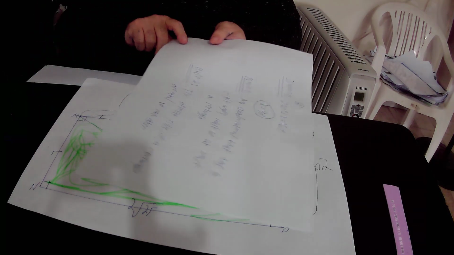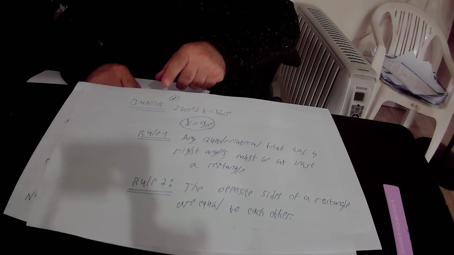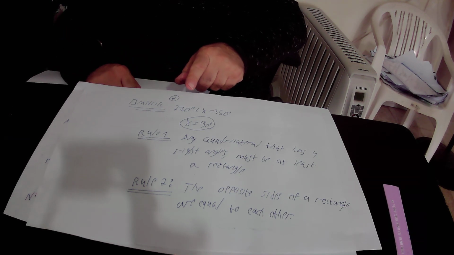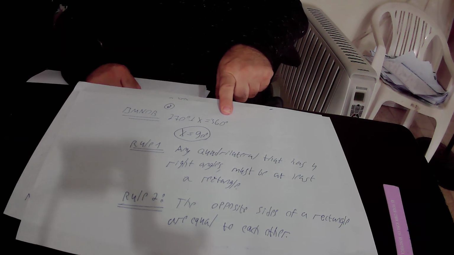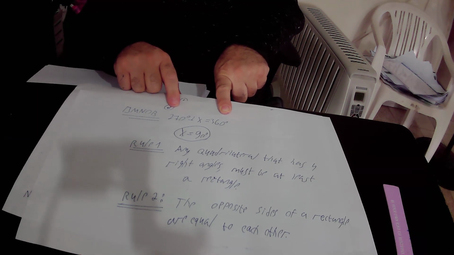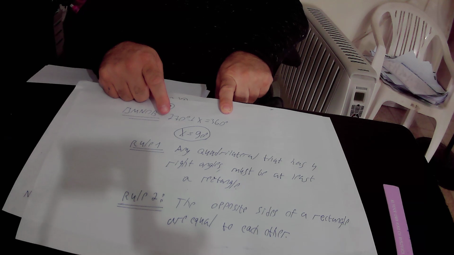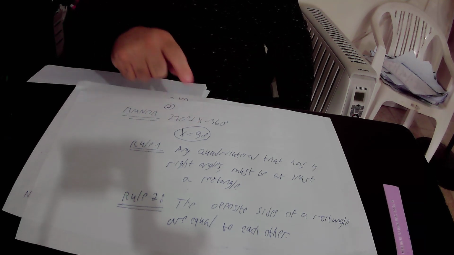That is to say, in quadrilateral MNOD, 270 degrees plus the size of the fourth angle must be equal to 360 degrees. We subtracted 270 degrees from this equality, and we got that the size of angle x equals 360 degrees minus 270 degrees, which equals 90 degrees.